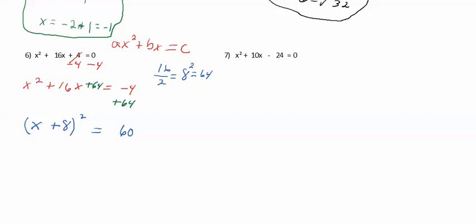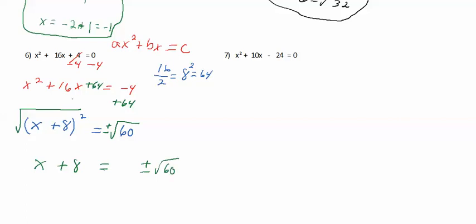Next step, I take the square root of both sides. Square root of this side, plus or minus the square root of 60. Now I have x plus 8 is equal to plus or minus the square root of 60.